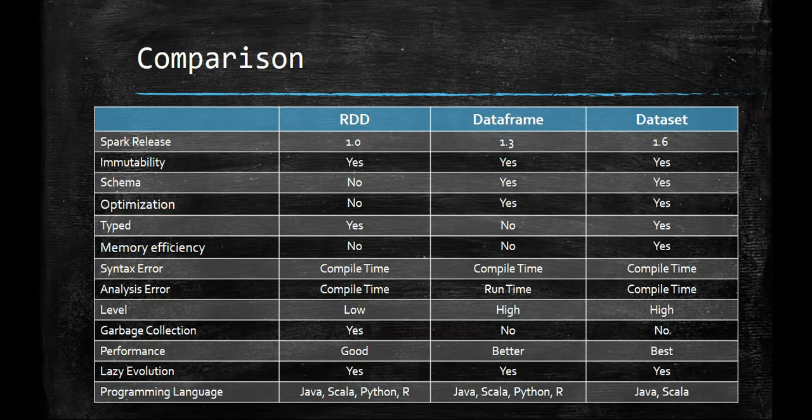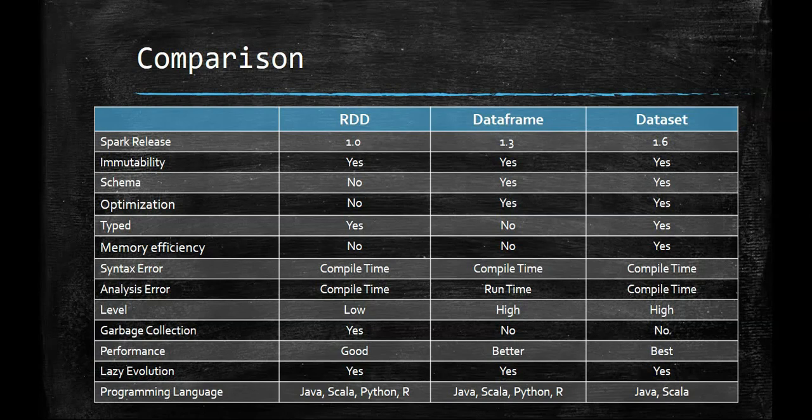But when it comes to the data set, as I just mentioned, this gives you the best of RDD as well as data frame. So it has the catalyst optimizer as well, but on top of that it also has the tungsten, which optimizes the code.